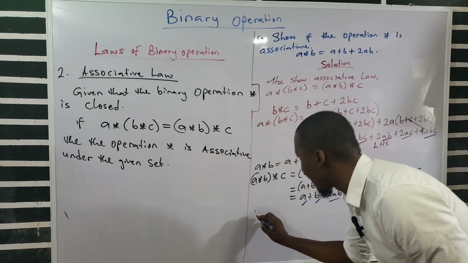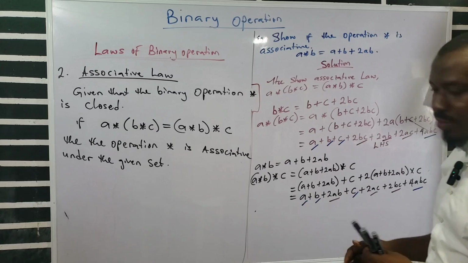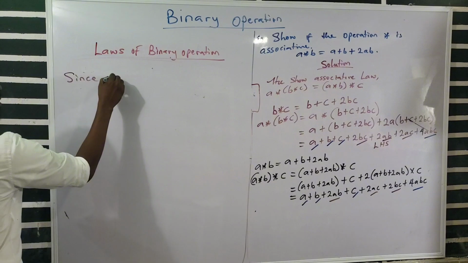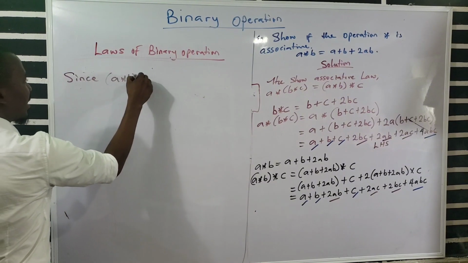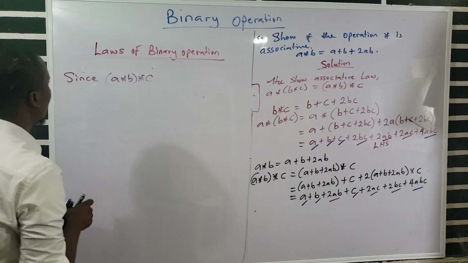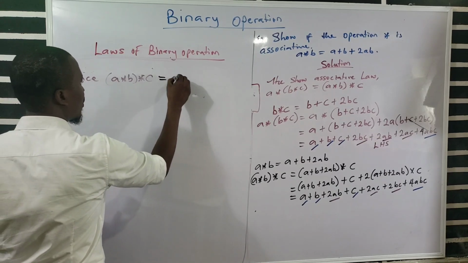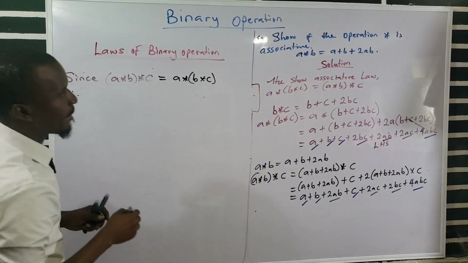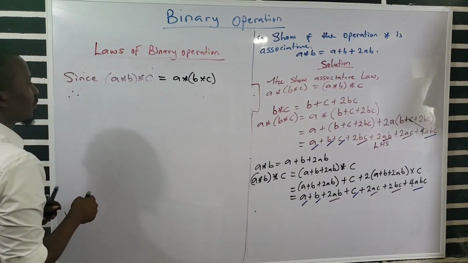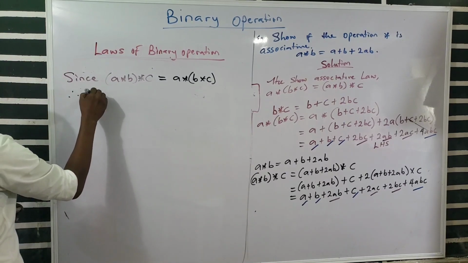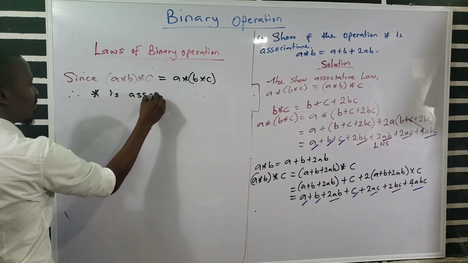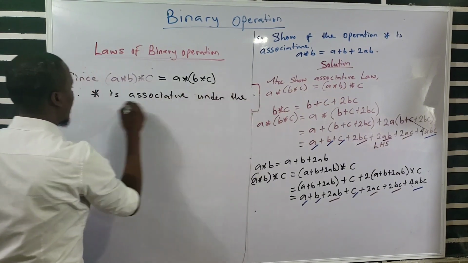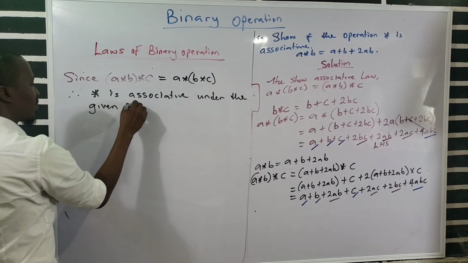Let us clean this part and conclude there. Since A binary B binary C is equal to A binary B binary C, therefore the operation is associative under the given set.